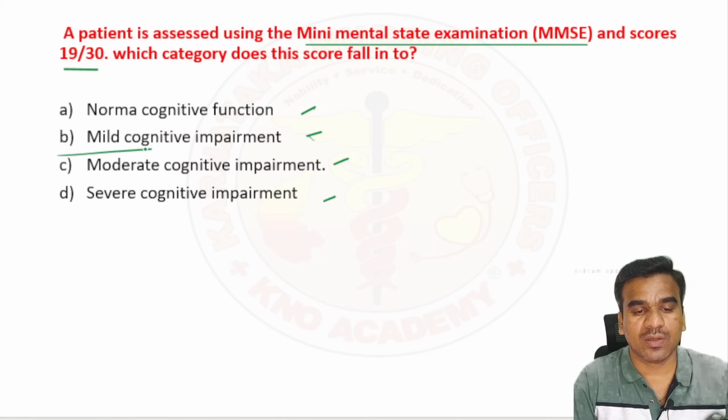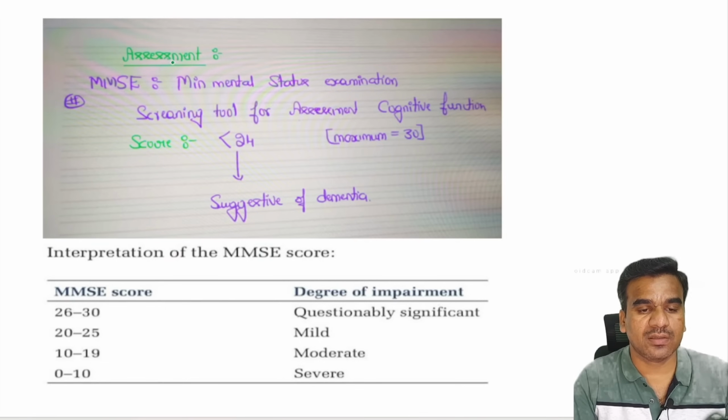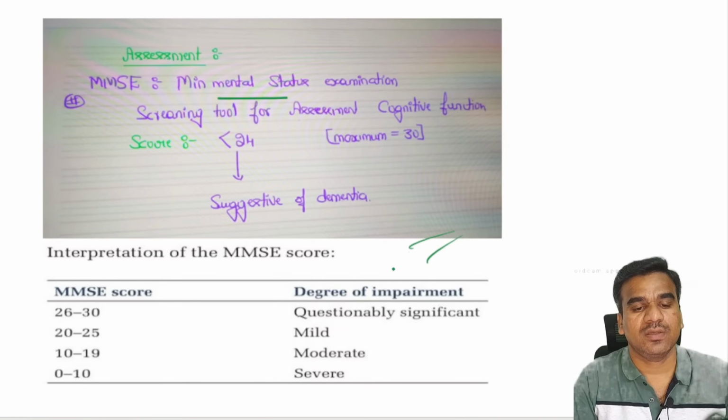So this is moderate cognitive impairment. Praveen sir has done this class on the Mini Mental Status Examination, and he has also included the image. Here we can see 10 to 19 is moderate, 20 to 25 is mild, 26 to 30 is questionably significant, and 0 to 10 is severe.